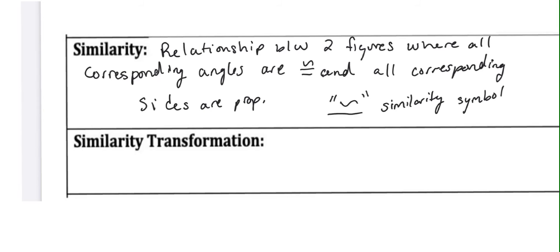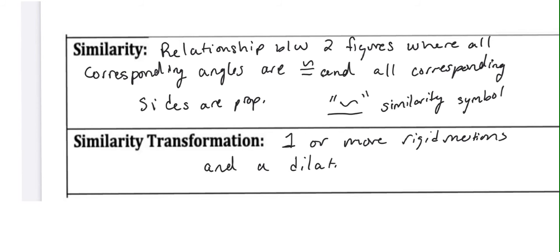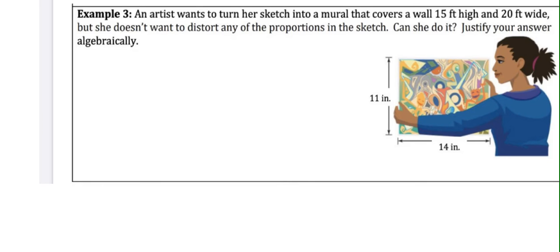And then the definition of similarity transformation is just a composition of one or more rigid motions and a dilation. So, right, our rigid motions are translations, reflections, and rotations, and then it's followed by a dilation, or dilation first. Right? It's just a composition of one or more rigid motions and a dilation.